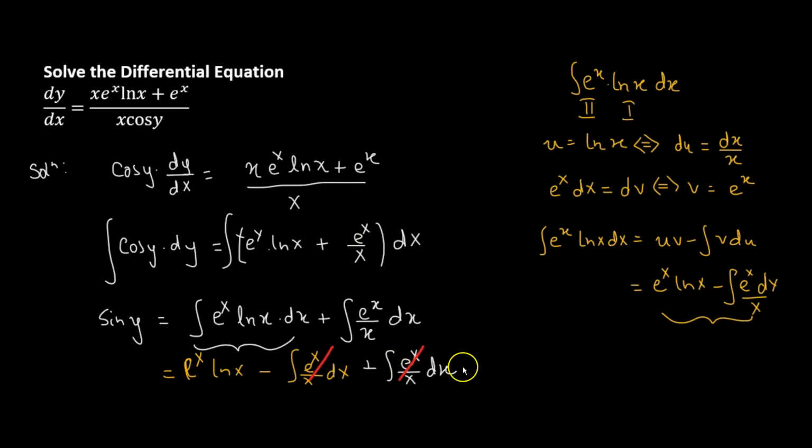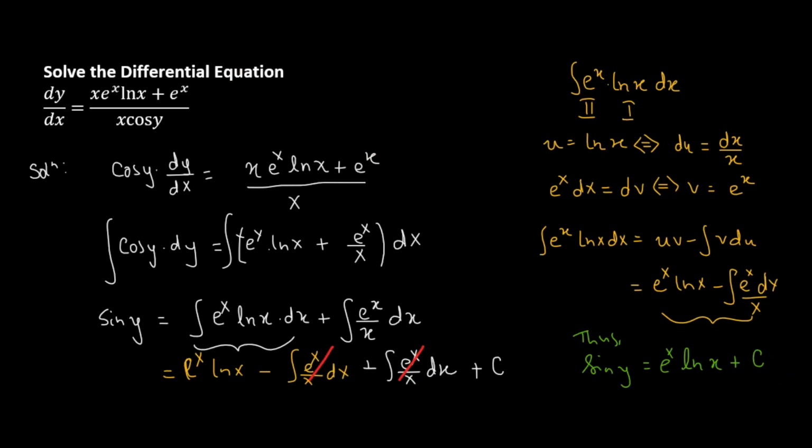And also we need to use the constant of integration c. So hence our final solution will be sine y equals to e raised to the power of x times natural log of x plus the constant of integration c. This is the required solution.